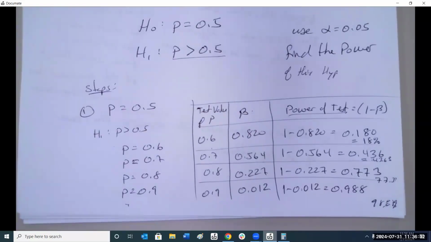Getting even worse. So this is the probability of a type 2 error. So the larger our p values of success, the larger our chance of making a mistake.